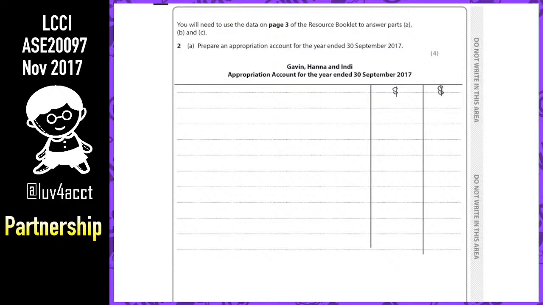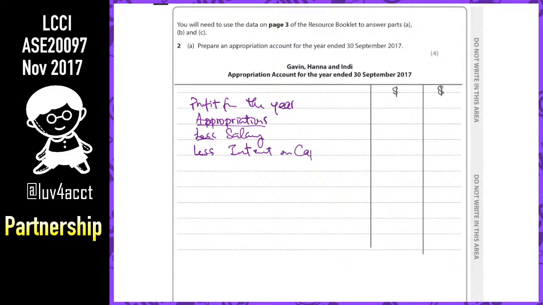Okay, so first we have profit for the year, and then appropriations. And then first of all we have salary, we have interest on capital, we have Hannah, Gavin, and Hannah.